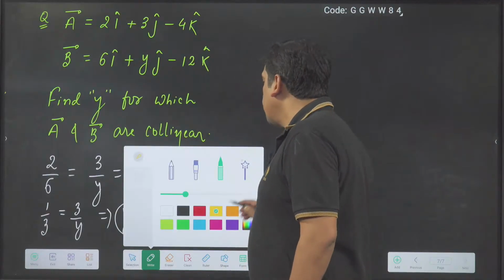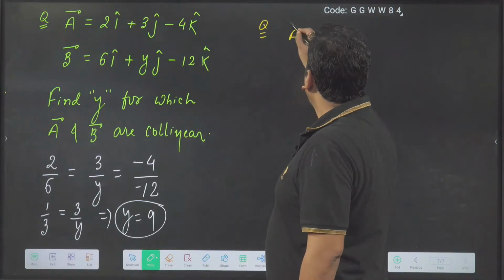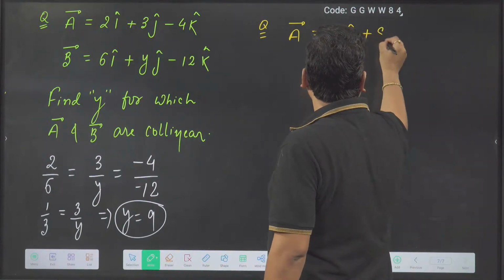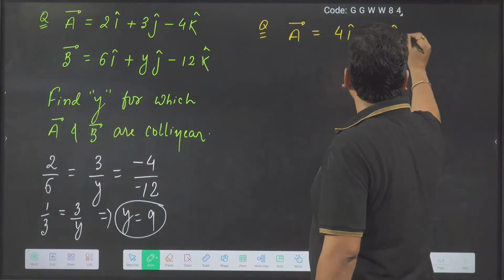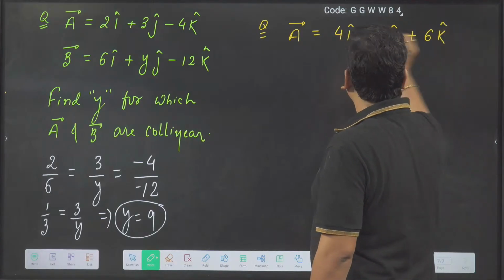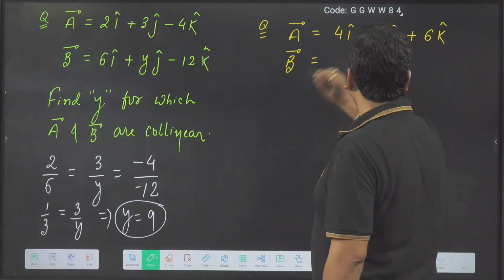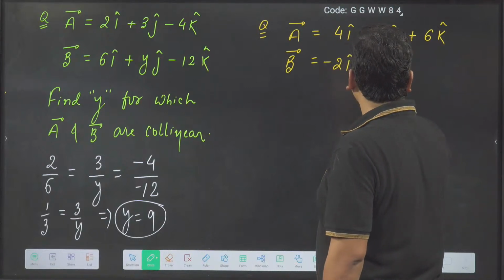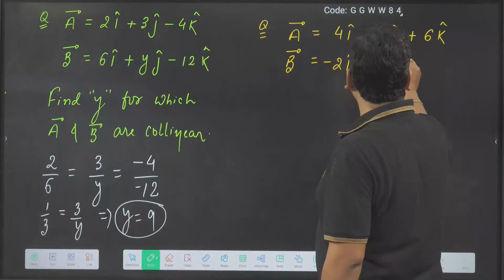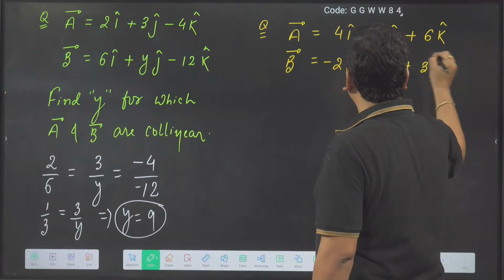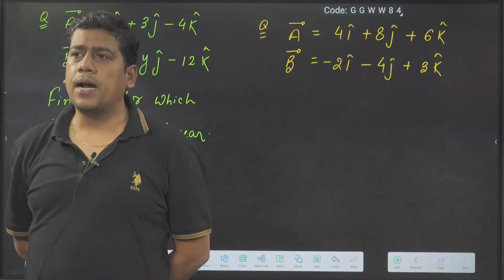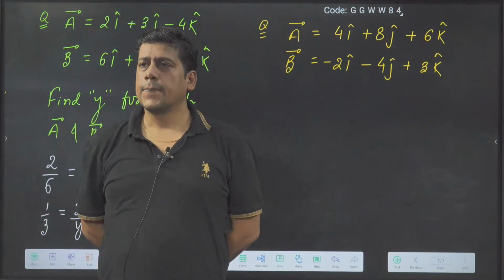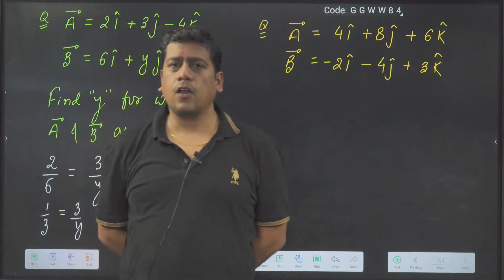Tell me one more thing. If a vector is 4i plus 8j plus 6k, b vector is 2i minus 4j minus 3k... Tell me, are a vector and b vector parallel or anti-parallel?